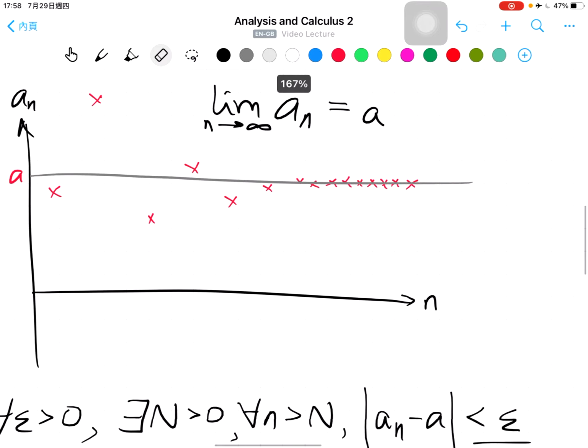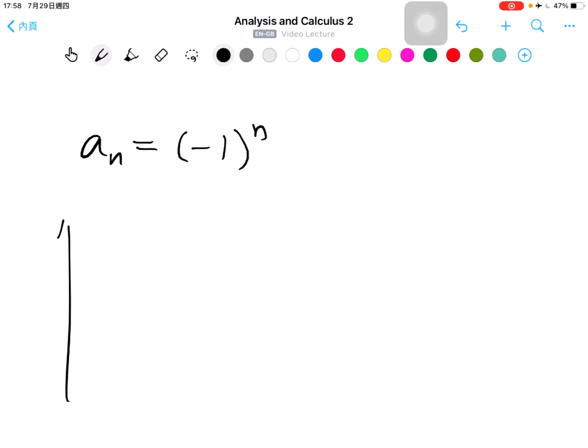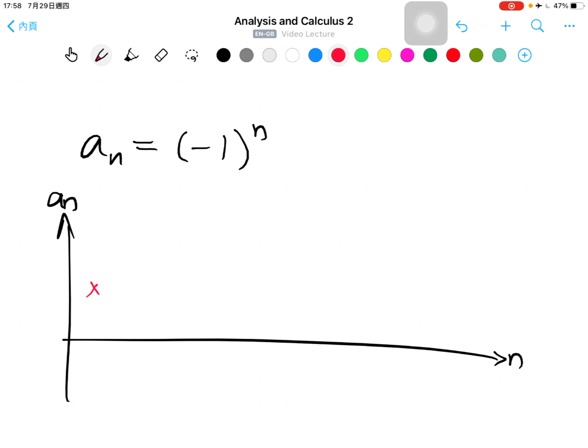That means what? Let's say we have a sequence a_n, which is -1 to the n. Now if you draw the graph of this a_n, the first term is going to be -1. Second term is going to be 1. Third term is -1. And then 1, and then -1, 1, -1, 1, -1, 1, and so on, right?